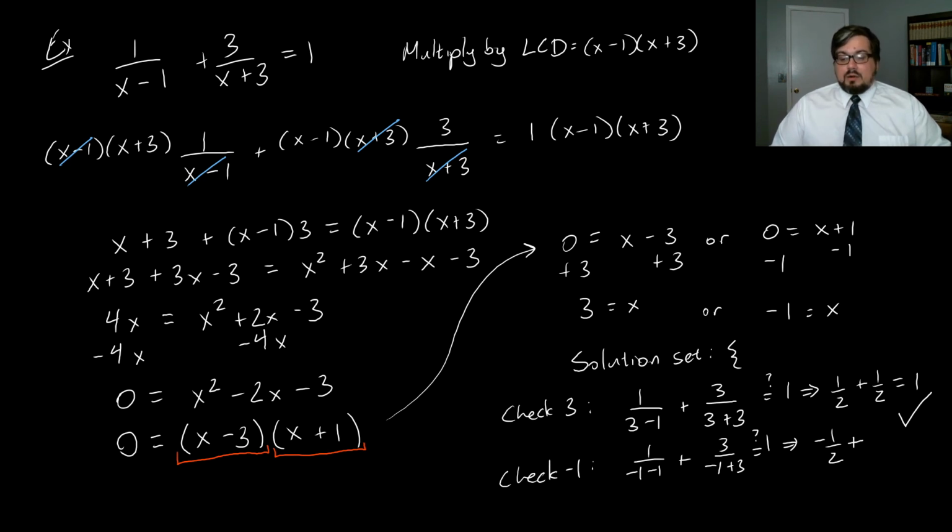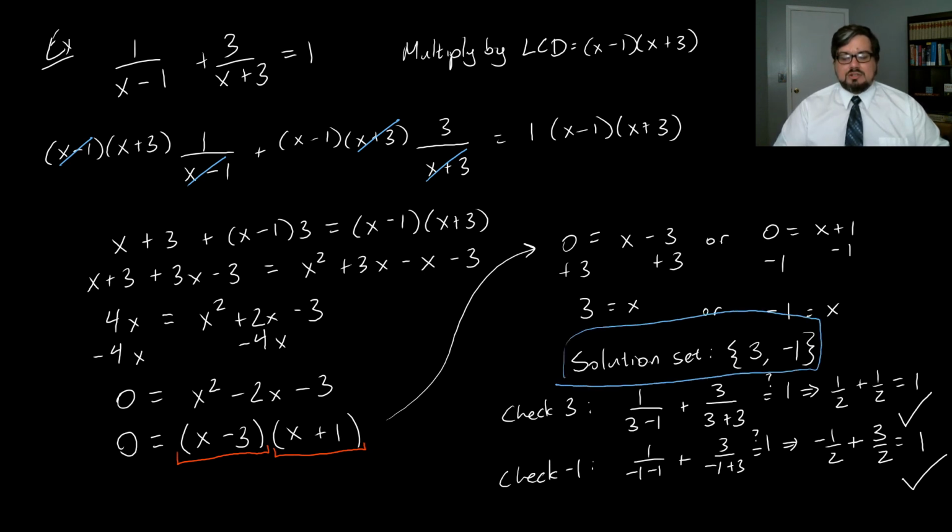And 3 over -1 plus 3 will be 3 over 2, and -1/2 plus 3/2 does in fact equal 1, so -1 is also a solution to this equation. So in fact we get that 3 and -1 are the solutions to this rational equation that we got by applying our techniques with quadratic equations and the zero-factor formula.